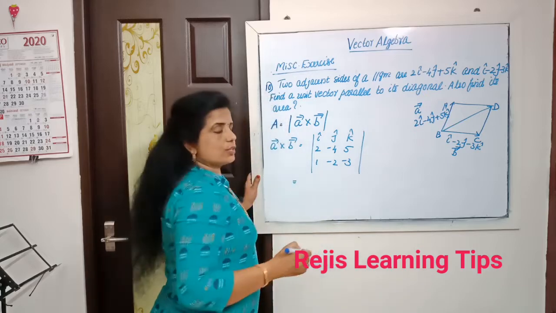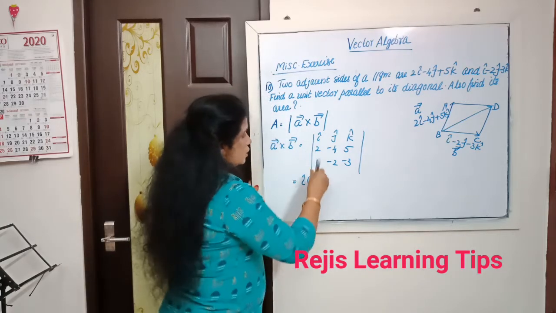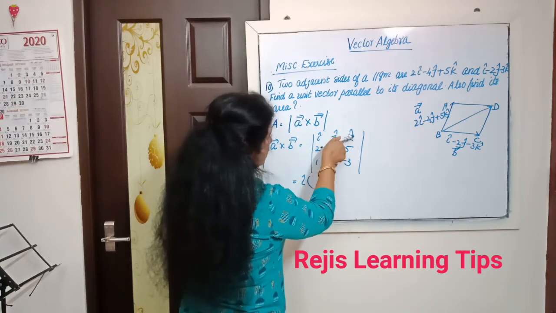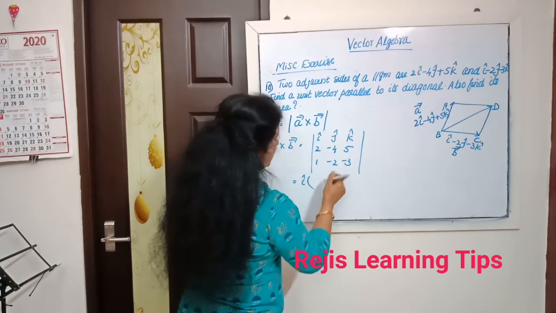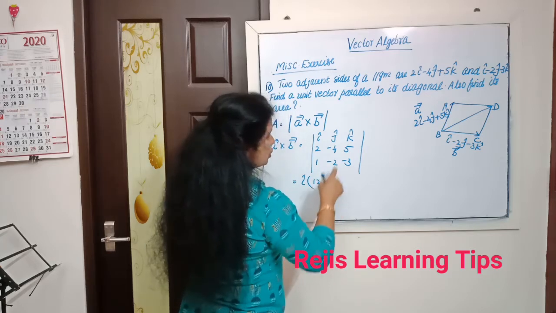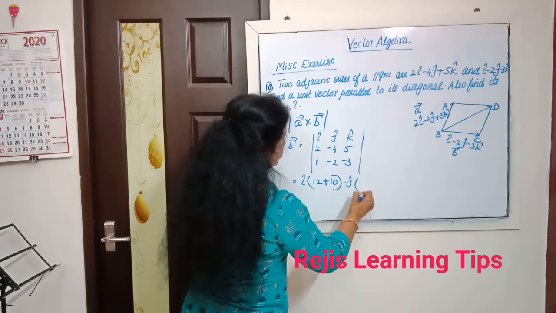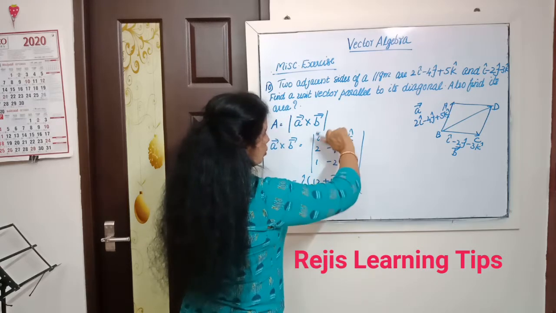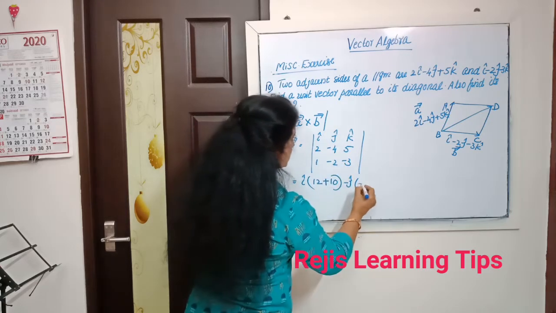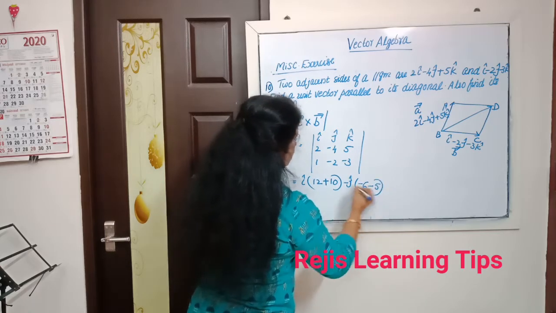That is equal to, as you already know, i into, you should remove this column and this row, then minus 4 into minus 3 means 12, plus 2 into 5 means 10. Minus j cap into, you remove this column and row, then 2 into minus 3 means minus 6, minus 1 into 5 means minus 5.